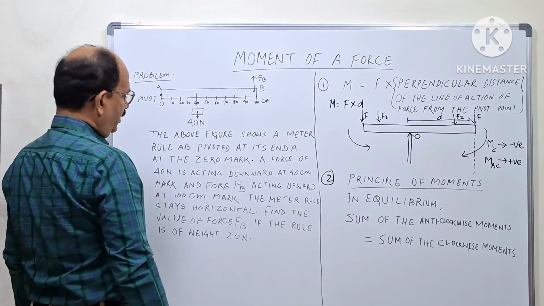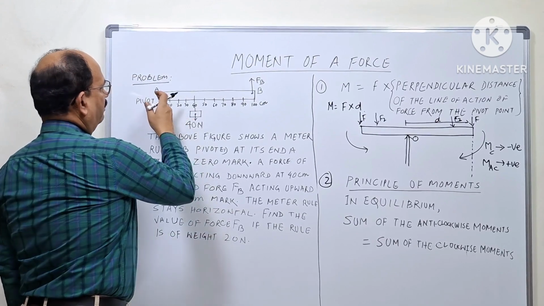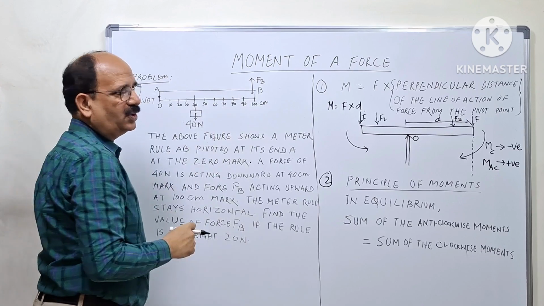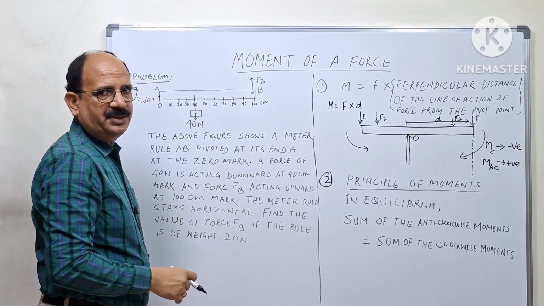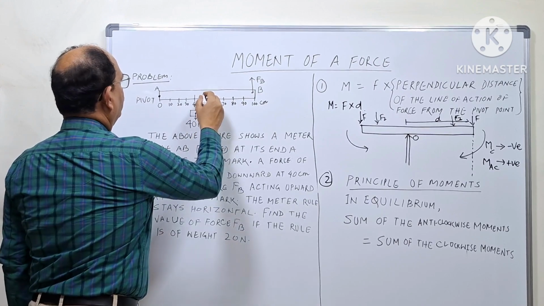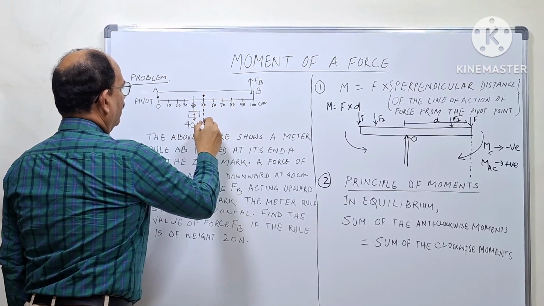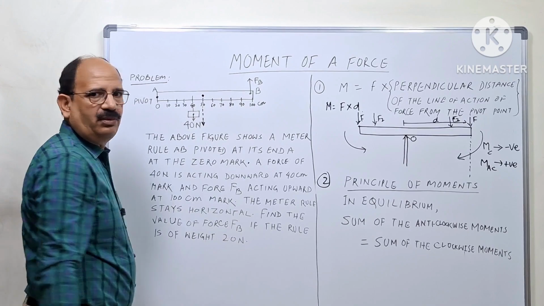Because the weight of the rule is 20 Newton, and applying the uniformity condition and the center of gravity condition, the weight will be acting from the midpoint of the rule.